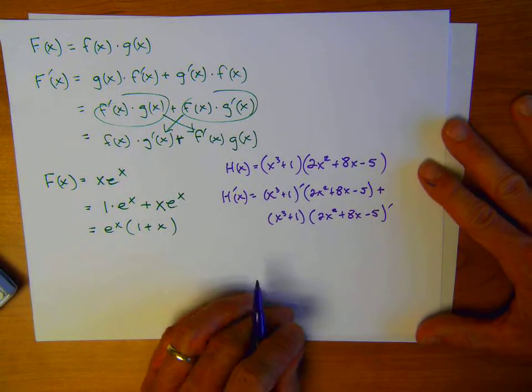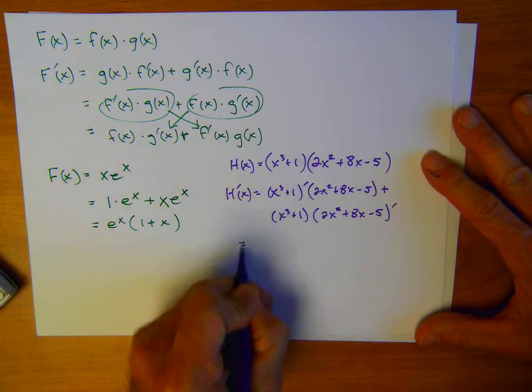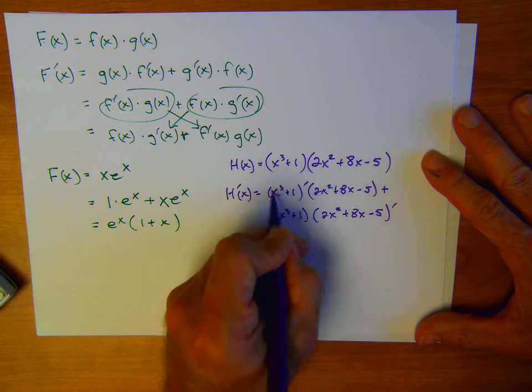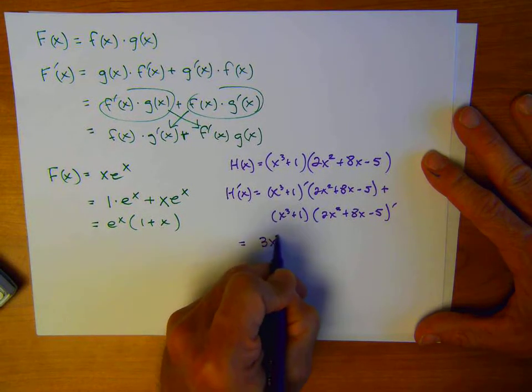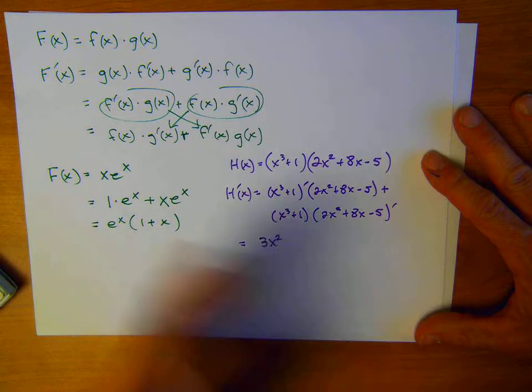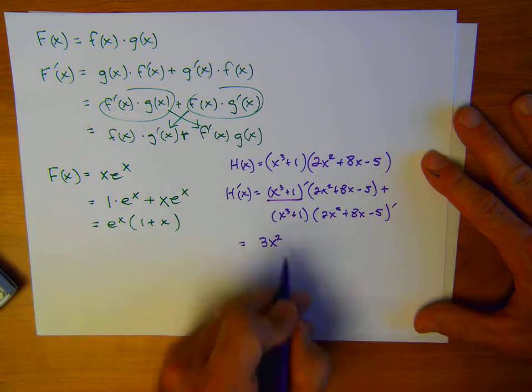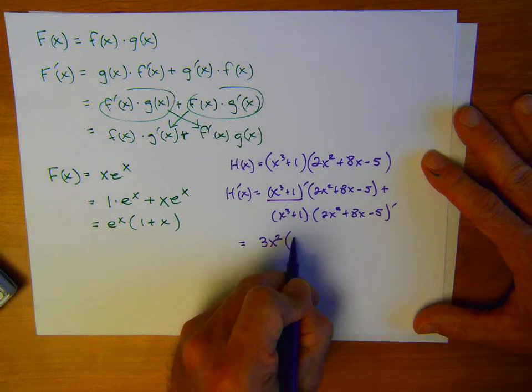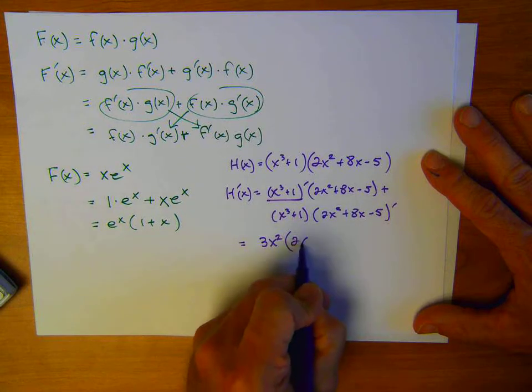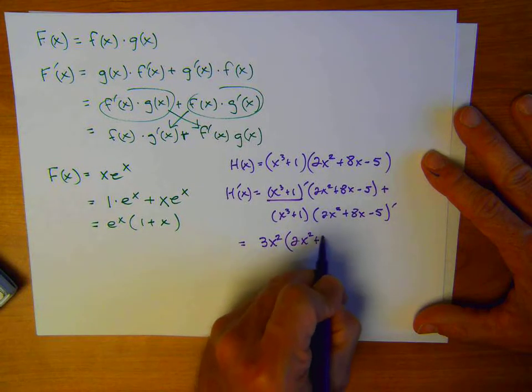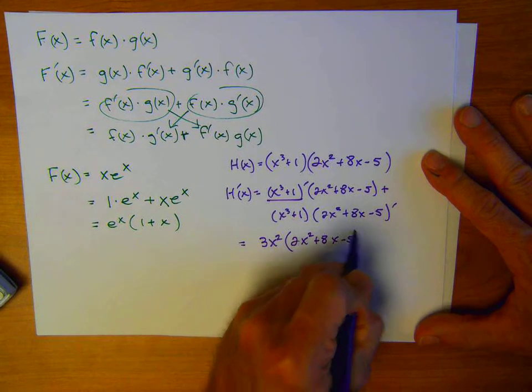All right, so now we just have to actually do these derivatives, which in this case is a matter of using the power rule. The derivative of this is 3x squared, and the derivative of 1 is 0, so that is the derivative here. So I have 3x squared times, and then I'm just going to rewrite the second one, right? For the first part, I leave one of them alone and take the derivative of the other.